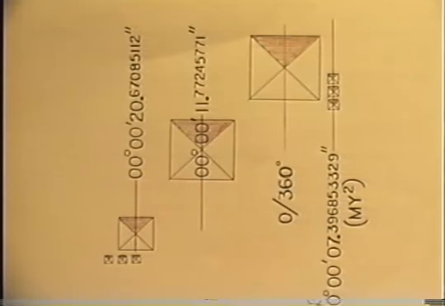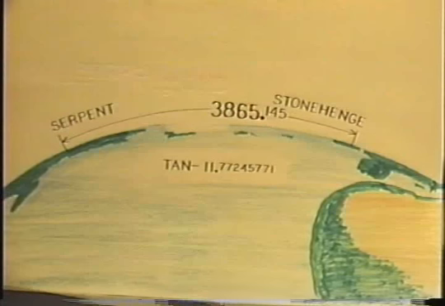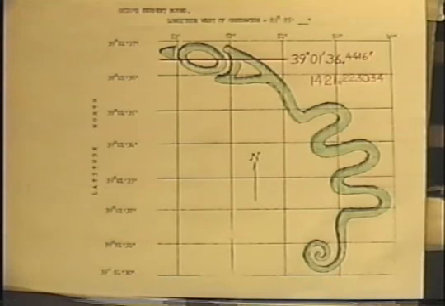For example, it was the reason why Stonehenge and the Serpent Mound are where they are, separated by 3,865.14 statute miles. The tangent of which is Khafre's longitude. So don't mess with the snakes.